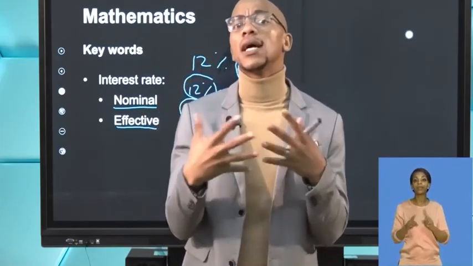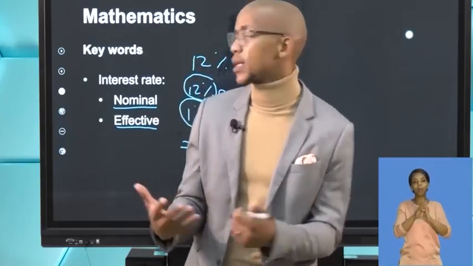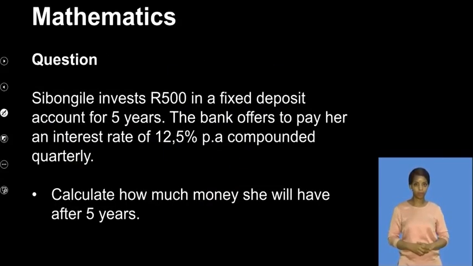But let's look at an actual example and see how we can apply this. Now, Sibongile wants to invest 500 rand in a fixed deposit account for 5 years, right? Fixed deposit account, what does that mean? It means this is actually considered a lump sum.